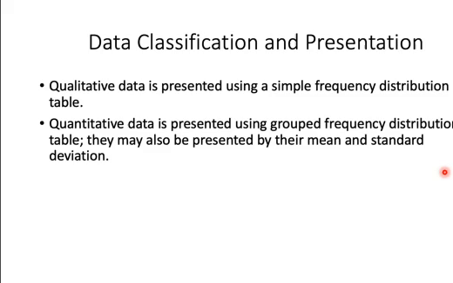So you group them into some meaningful categories. So when you group quantitative data, groupings have to be meaningful. And quantitative data can also be presented using their mean and the standard deviation.